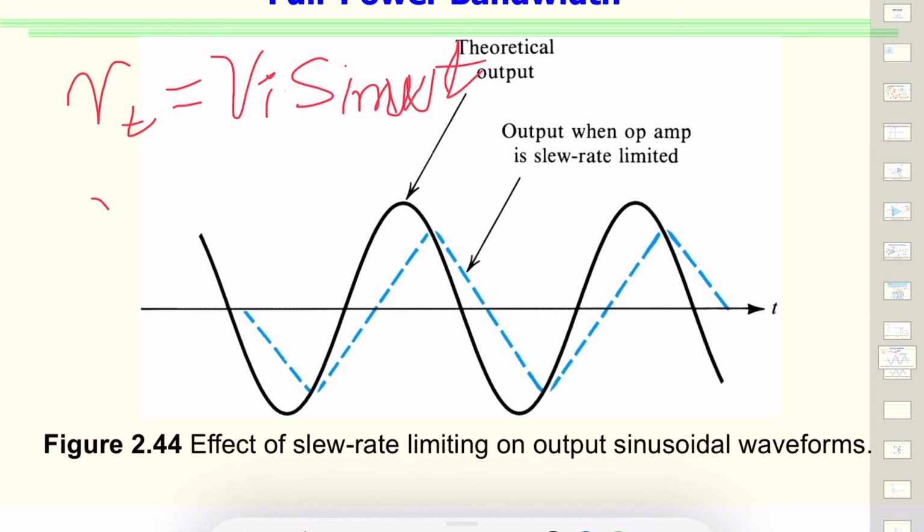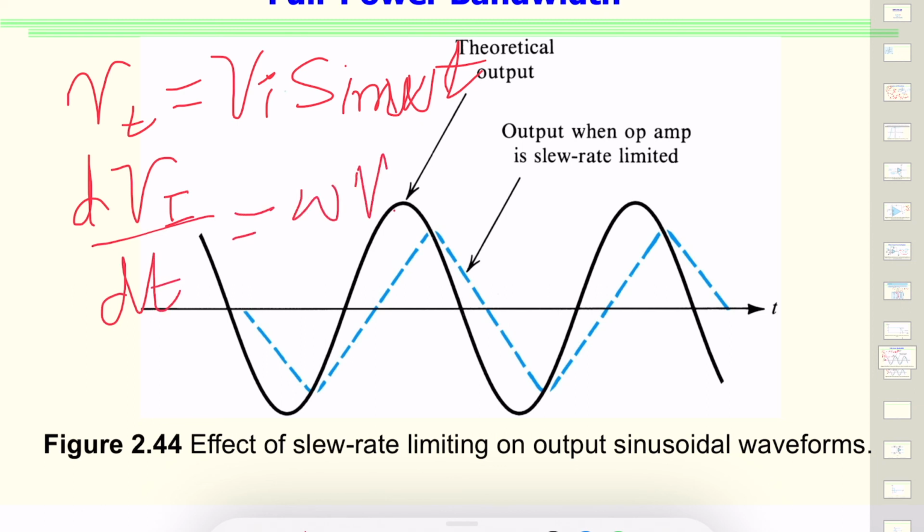The rate of change of the input with respect to time is omega times Vi cos omega t. So the maximum value would be omega Vi from the cos function, and the maximum is at the zero crossing of the input sine signal.